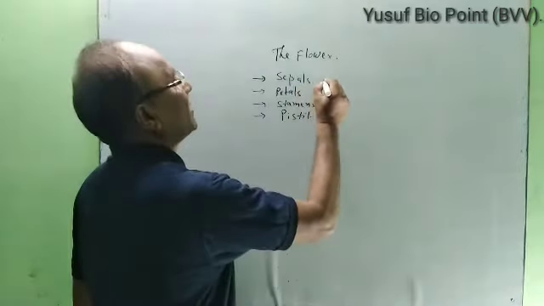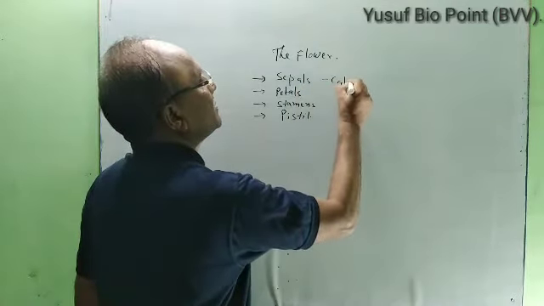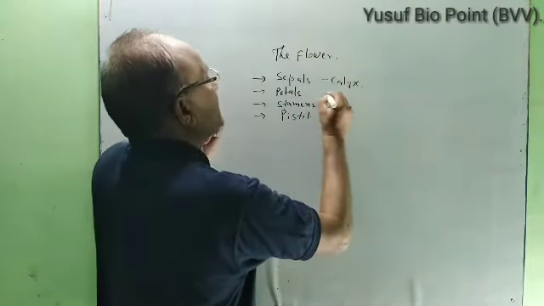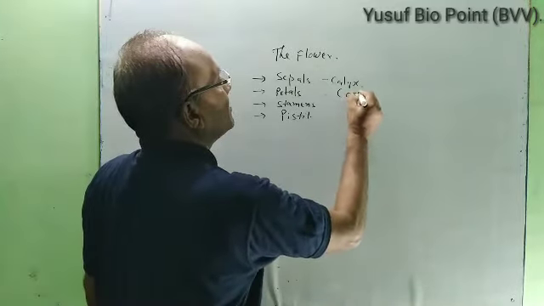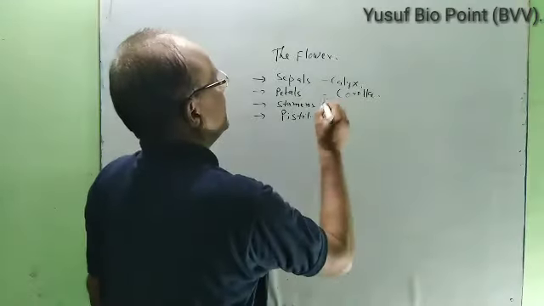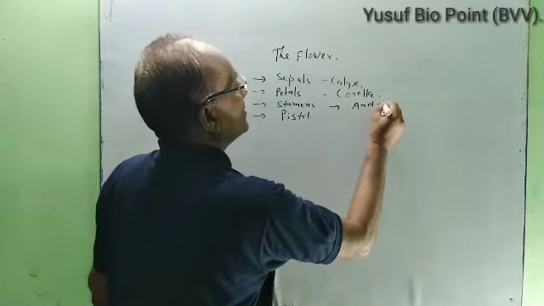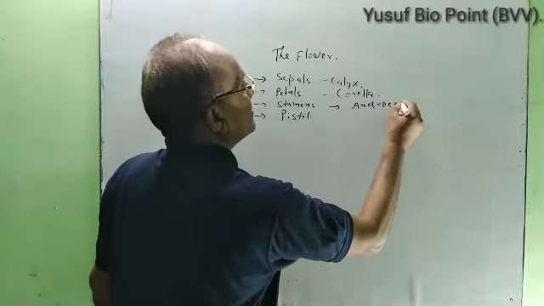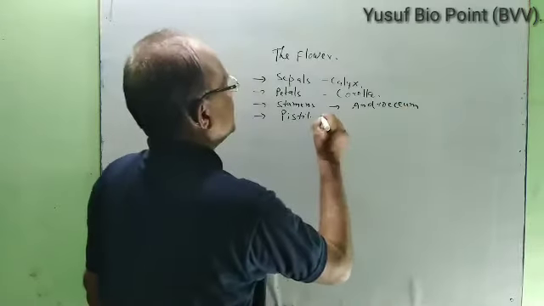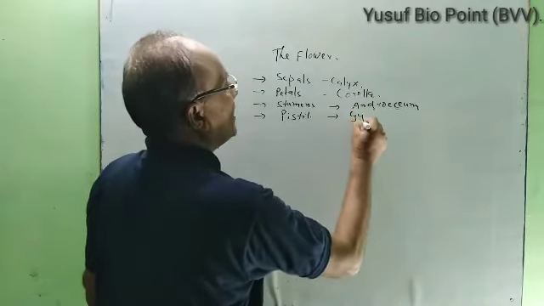Sepals are called calyx, petals are called corolla, stamens are called androecium, and pistil is called gynoecium.